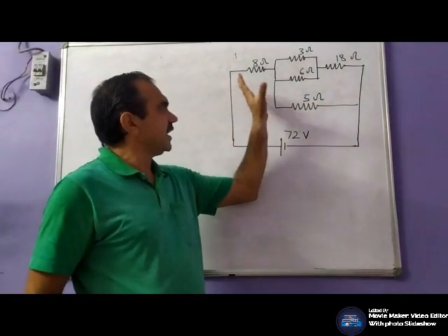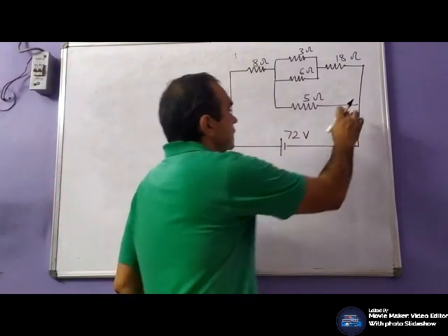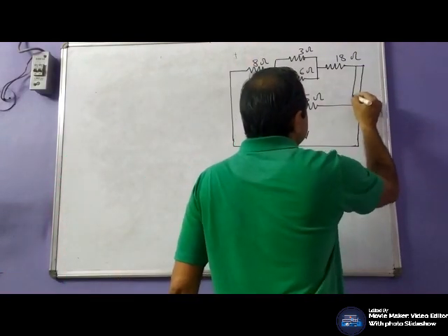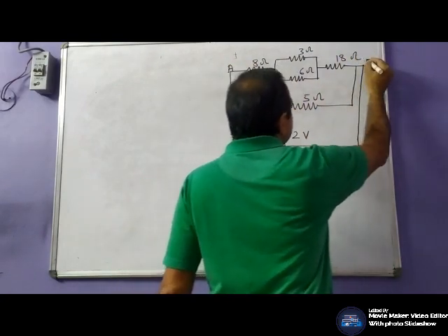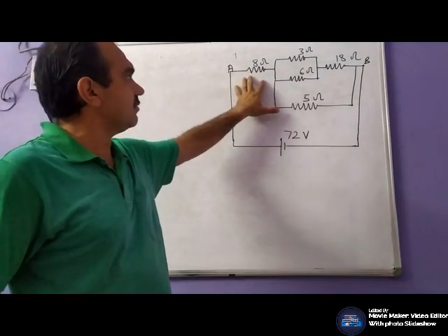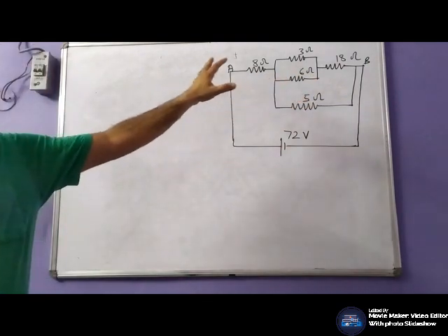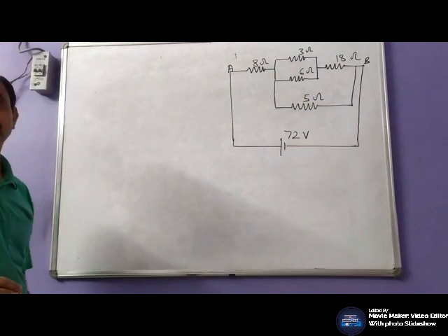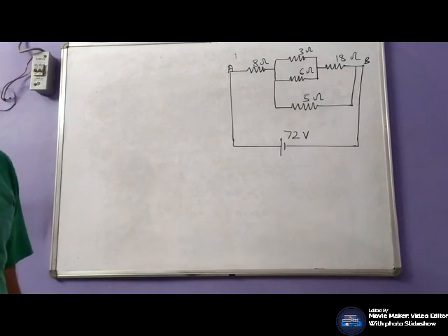Now we have to find the equivalent resistance of the circuit across terminals A and B, and we have to find the voltage drop across each resistance.